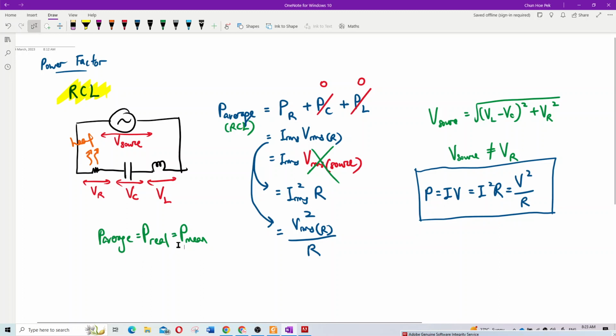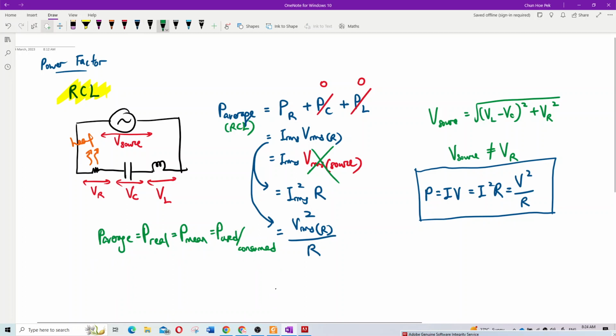Or we say real power, or power used, because it is power consumed. Because heat dissipated at the resistor means it consumes power. Capacitors and inductors don't consume power. They store the power and return the power. They don't use the power. Power is only used at the resistor. Understand, class?